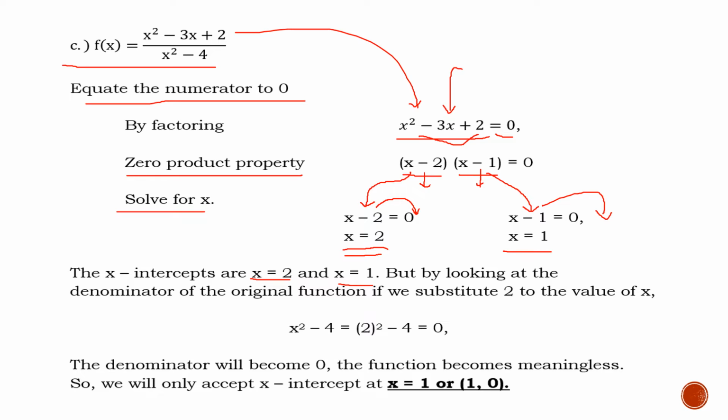By looking at the denominator of the original function, if we substitute 2 for the value of x, it provides a denominator equal to 0.